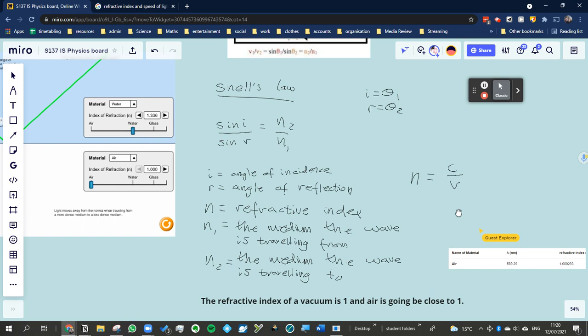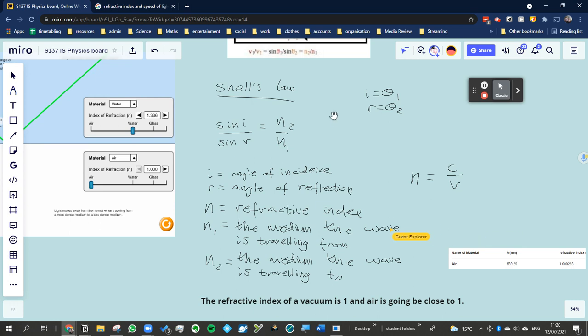The way that we can work these things out is, if we're going, let's say, from glass to air or from air to glass, we can work out either the angle of incidence or the angle of refraction, depending on what they give us, based on this formula here, and you can rearrange it.